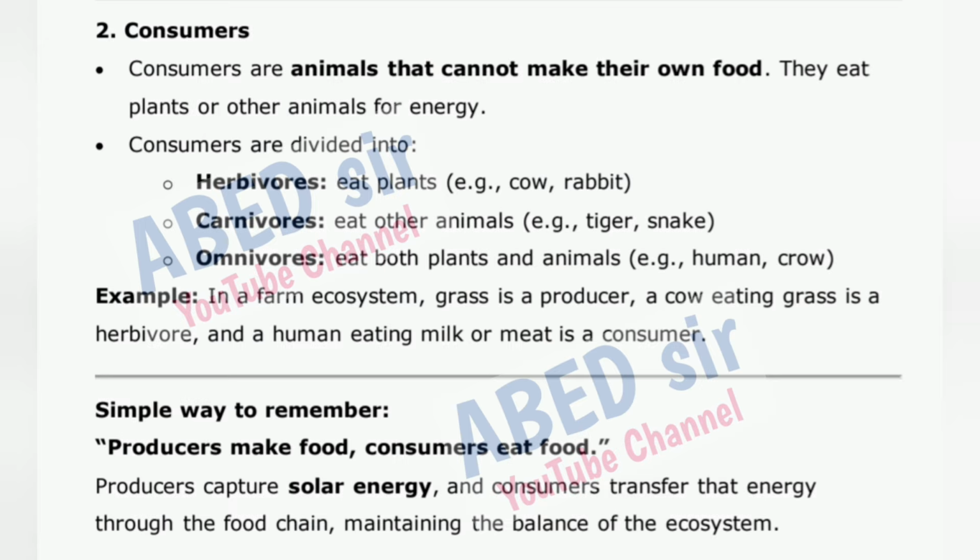Example: in a farm ecosystem, grass is a producer, a cow eating grass is a herbivore, and a human eating milk or meat is a consumer. Simple way to remember: producers make food, consumers eat food. Producers capture solar energy, and consumers transfer that energy through the food chain, maintaining the balance of the ecosystem.